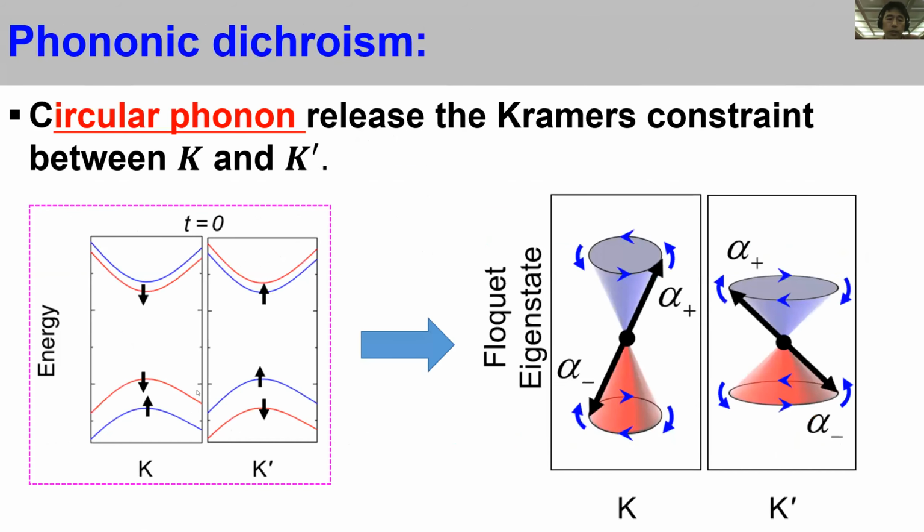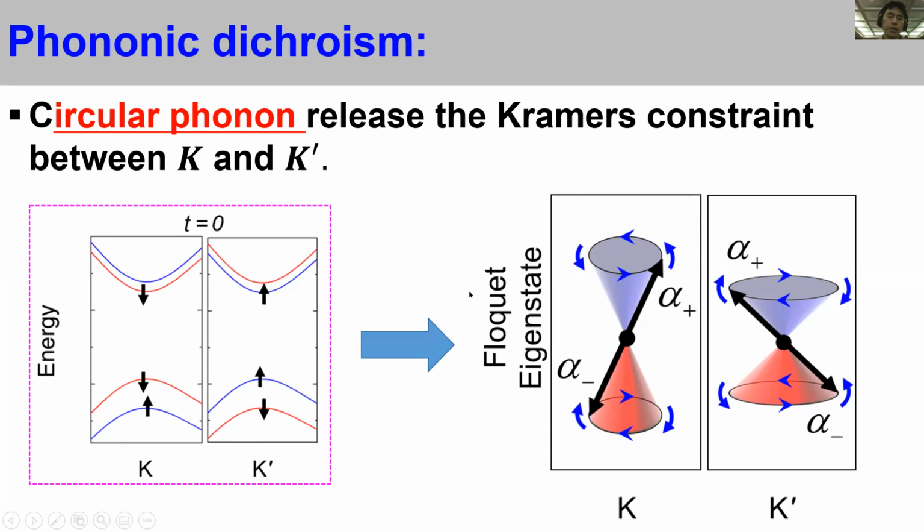So then the spin rotation at the K valley and the K prime valley has different responses to this one-way circularly rotating phonon.